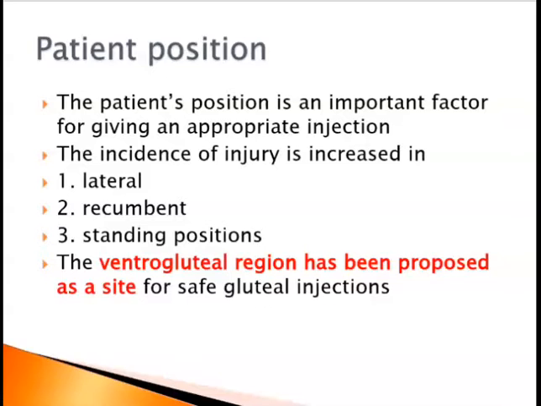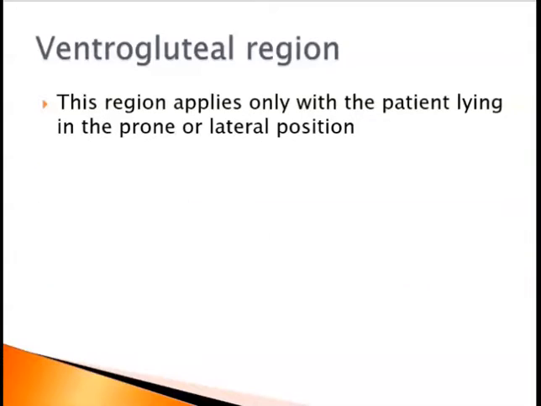The ventrogluteal region has been proposed as a safe site for gluteal injections. The region applies only with the patient lying in prone or lateral position.